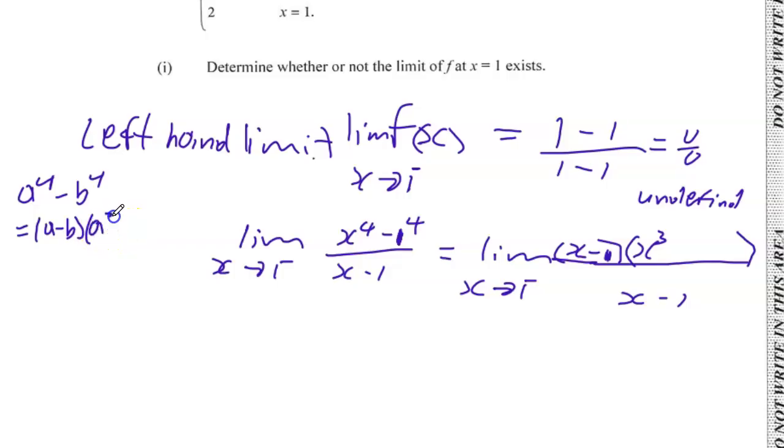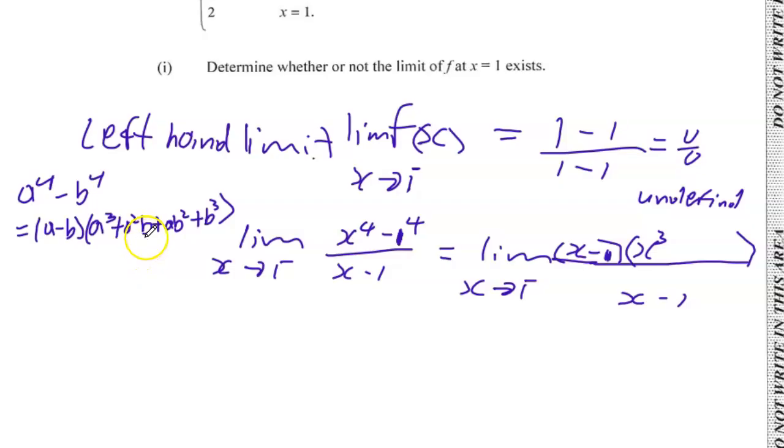a cubed plus a squared b plus ab squared plus b cubed. So in this factor, x would represent a, b would represent 1, right?